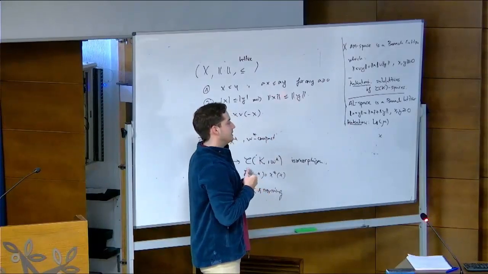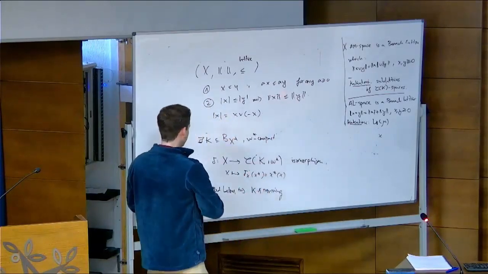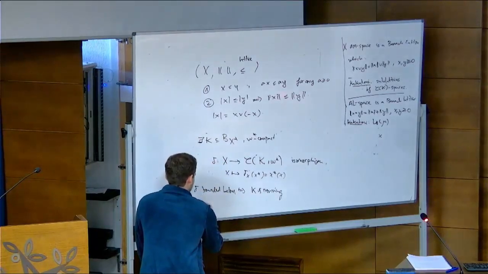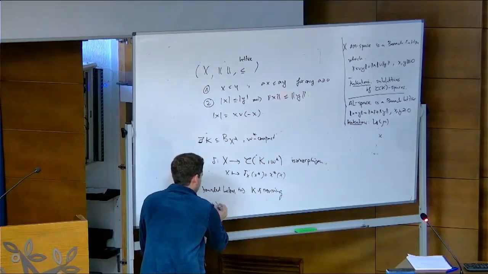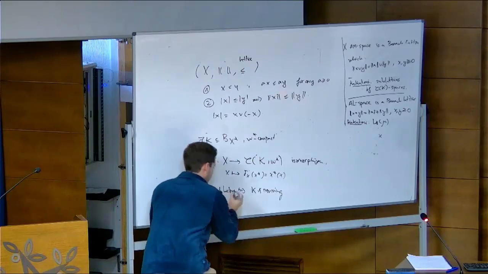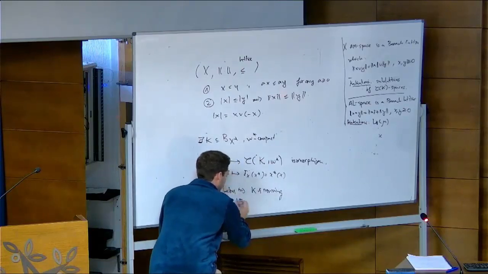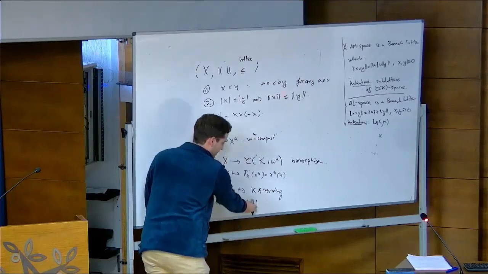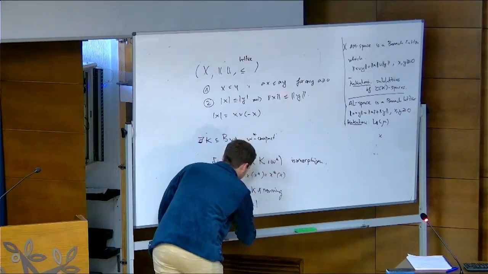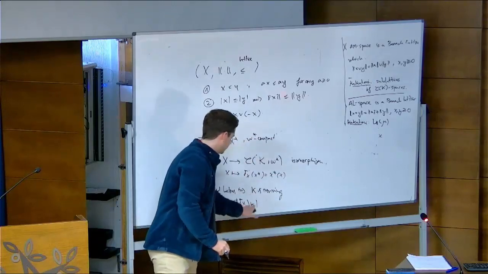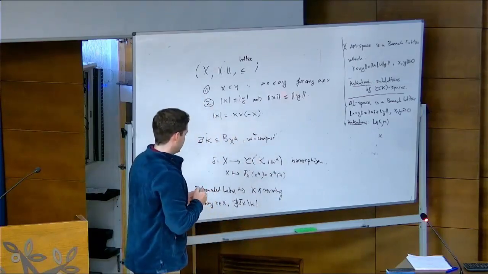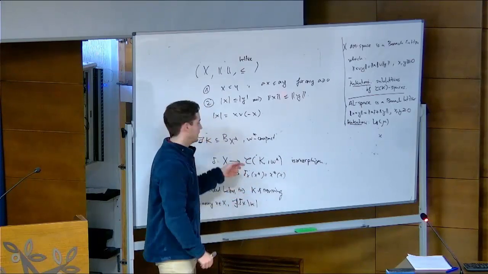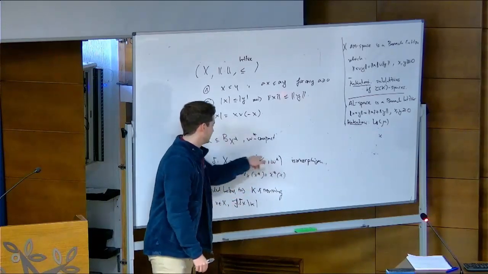And the second condition is that for every X, this function delta X restricted to the compact K has a modulus, with the pointwise order in this space.